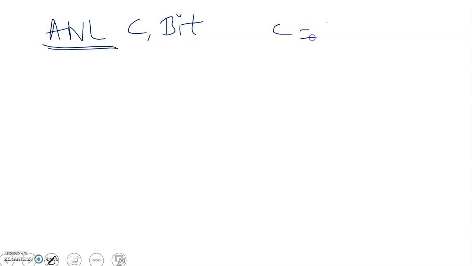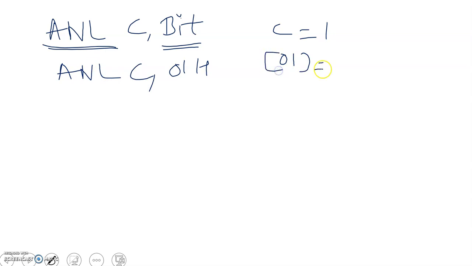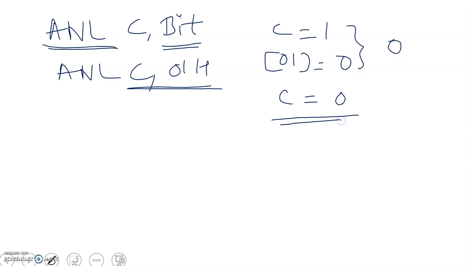So if C equals 1 and I use 01H in place of bit, and 01H had a value 0, then after execution of this instruction C will have a value 0, because ANDing these two results in 0. The value is stored in C.